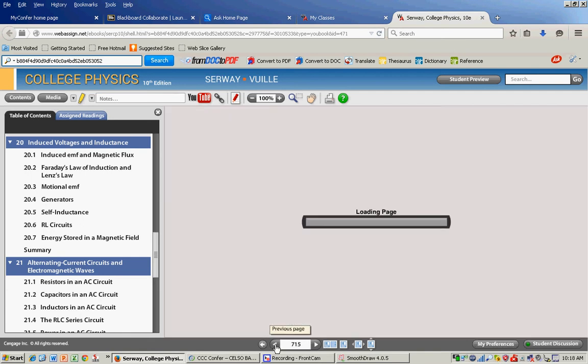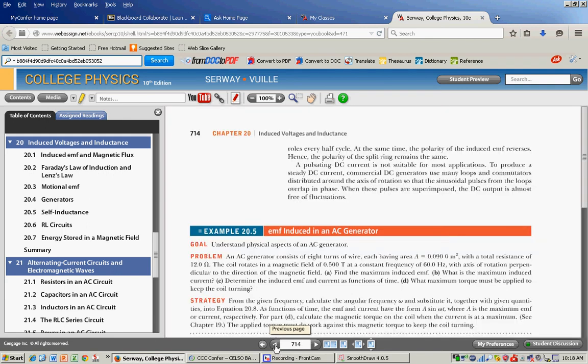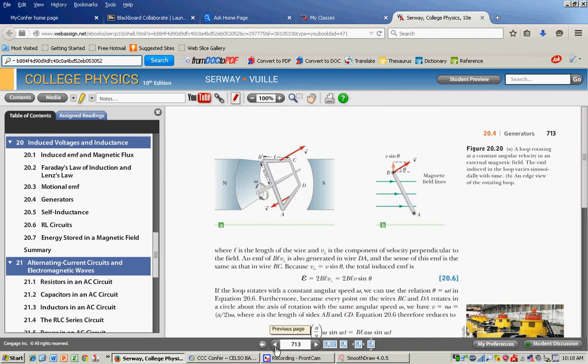Take a look at the so-called self-inductance. And so in self-inductance, in fact, let me show you a picture of a generator and briefly explain how a generator can come up with energy. So let's say you have a magnet like this one, north and south polarity, which means your magnetic field is going this way.